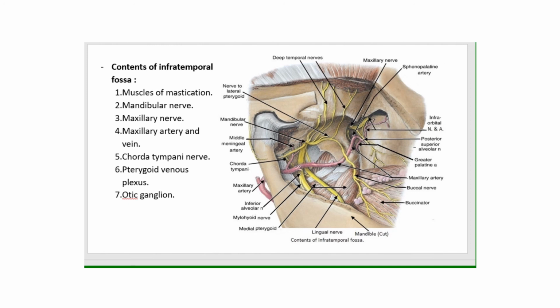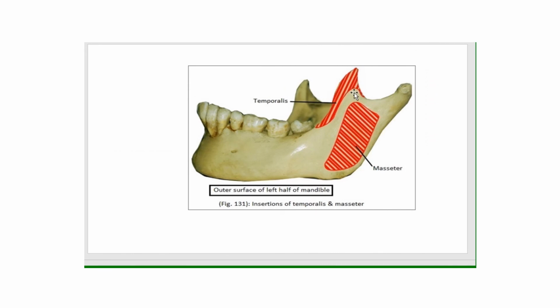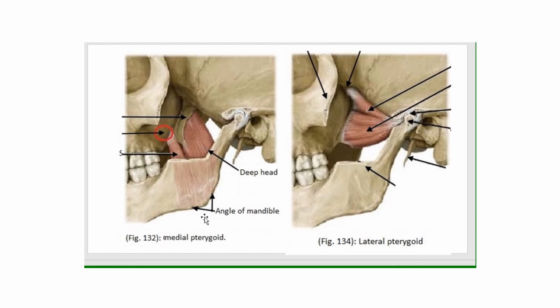Then we described the muscles of mastication: temporalis and its insertion, masseter and its insertion, medial and lateral pterygoid muscles, as well as the temporomandibular joint.